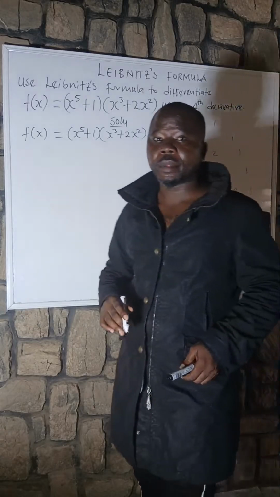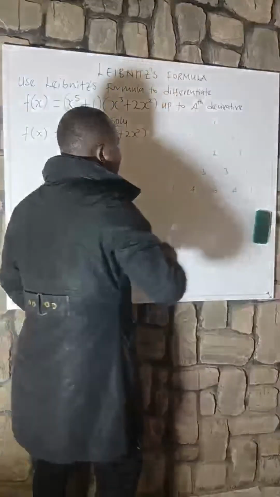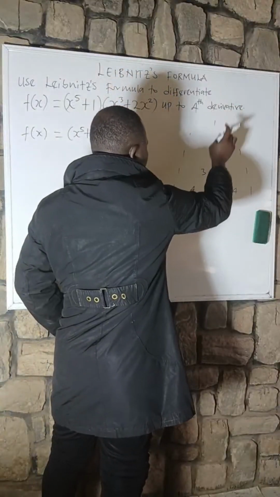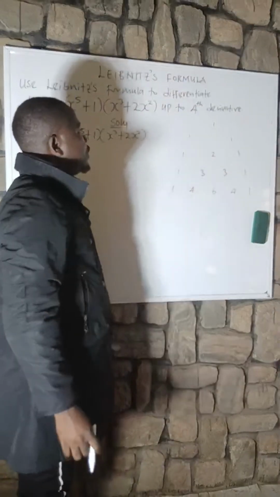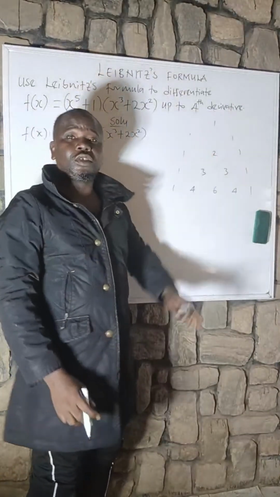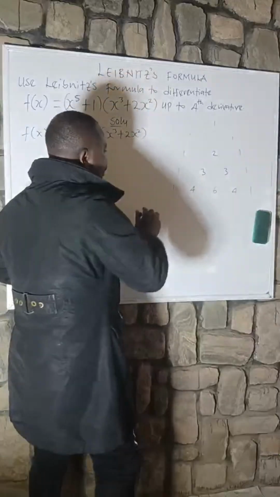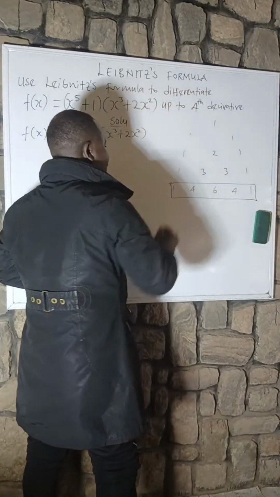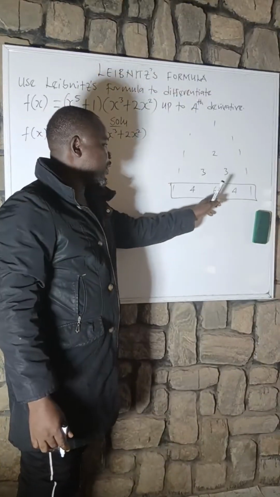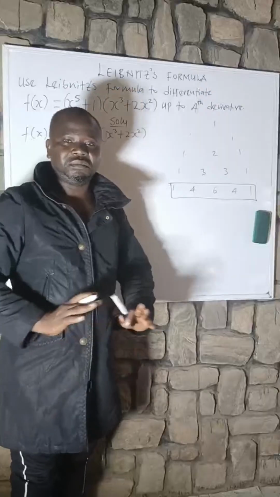This is what we need. 1, 2, 3, 4. Up to 4th time. So we just need this coefficient: 1, 4, 6, 4, 1.